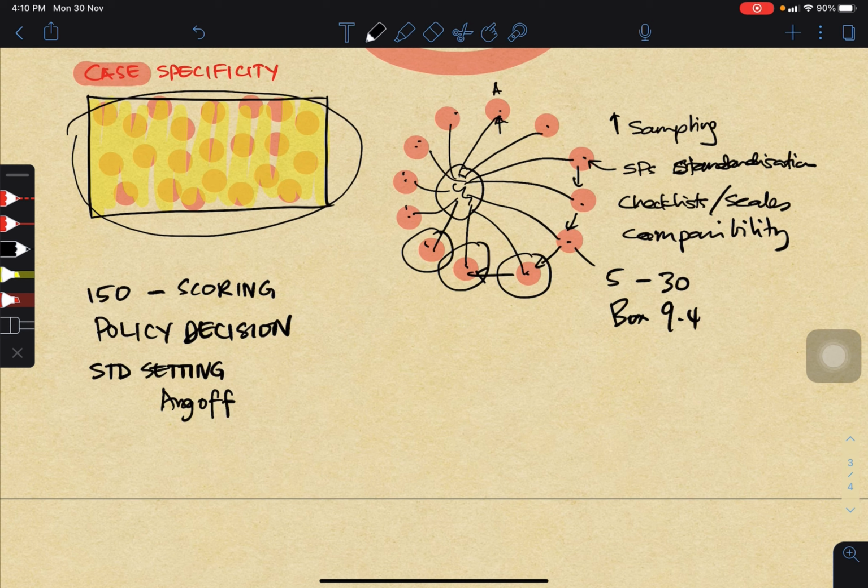Usually for standard setting for OSCEs, we use the borderline group and contrasting groups standard setting method. I know that we have not discussed this in detail yet, so this is just for you to know at this moment.